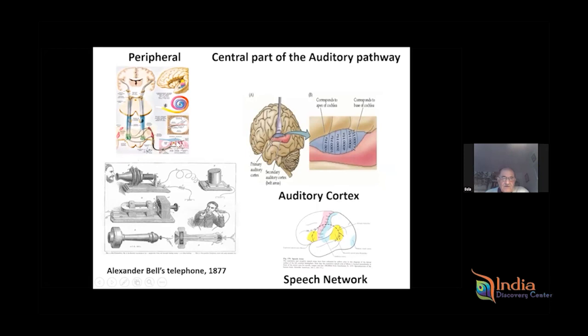Here we can see the peripheral part, from the hair cells until the auditory nerve enters the medulla, and then the central part, which is the receiver of the sender information, the sender part being the hair cells, and the conductive area, the different neuronal chain, which leads the information to the primary auditory cortex.